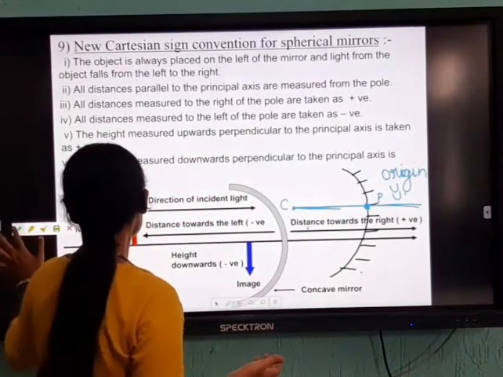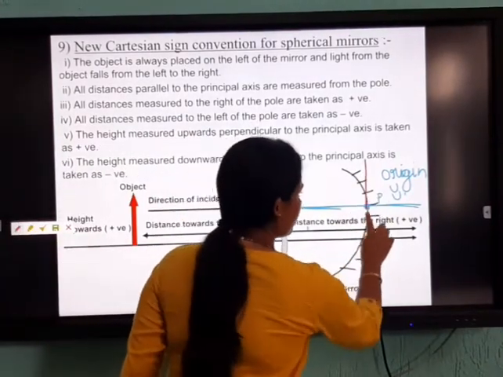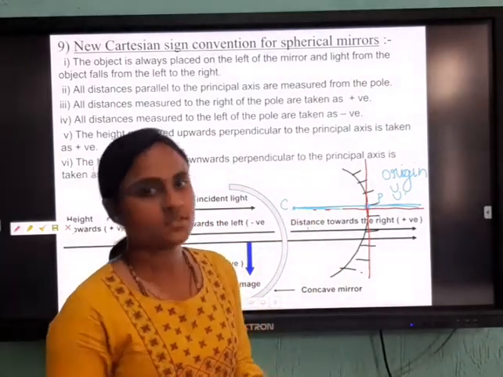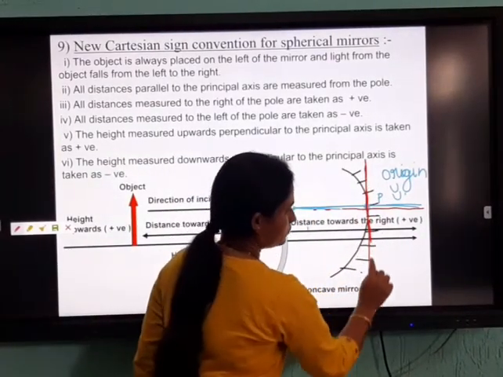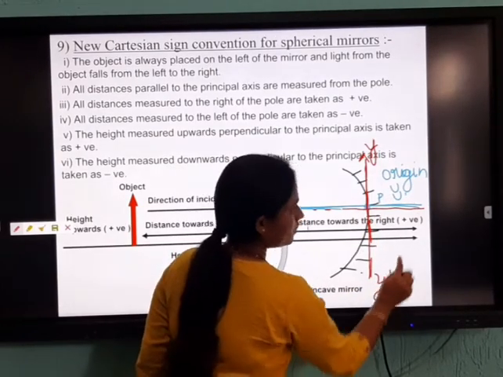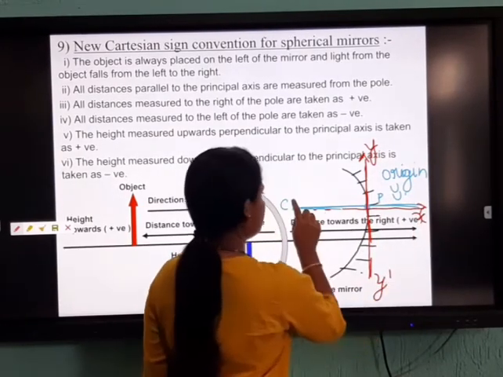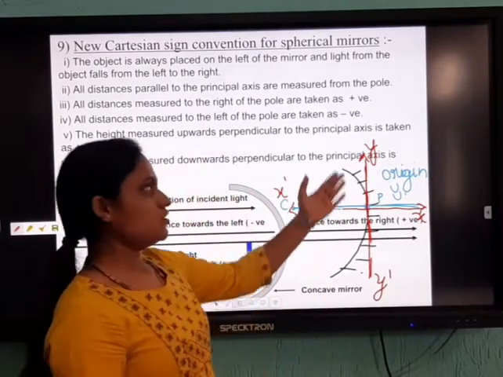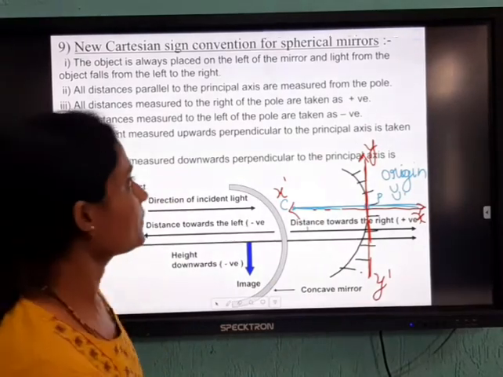Coordinate system means what? See, coordinate system means like this, right? You all have plotted graphs. This is the y-axis, this is y dash, this is x and this is x dash. Okay, clear? So you all know the coordinate system.